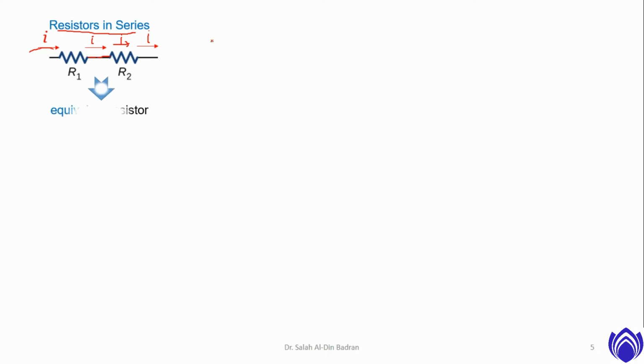We can find the total resistance of resistors in series, which we call the equivalent resistor. Simply add up the values: R1 plus R2 is the equivalent resistor. You can draw it as one resistor and write R equivalent, or the total value that you found.